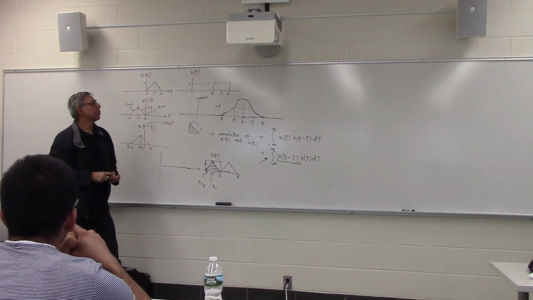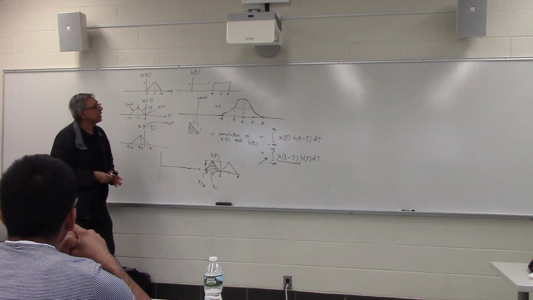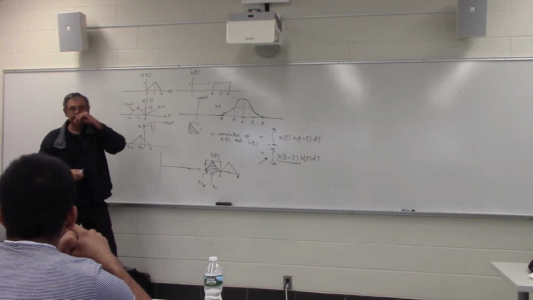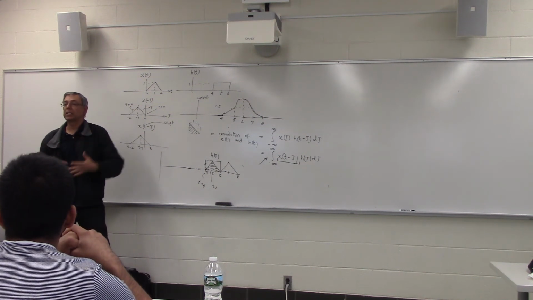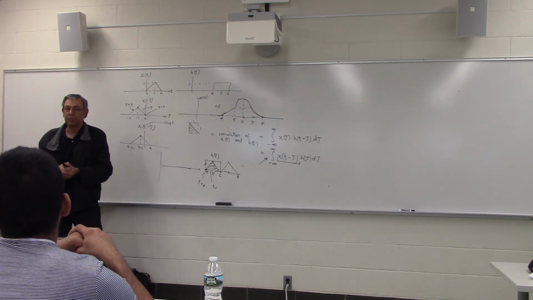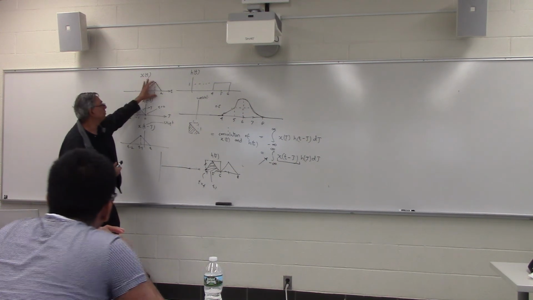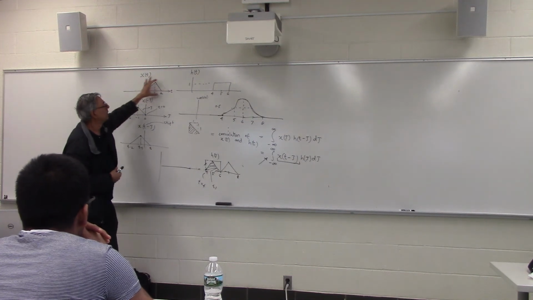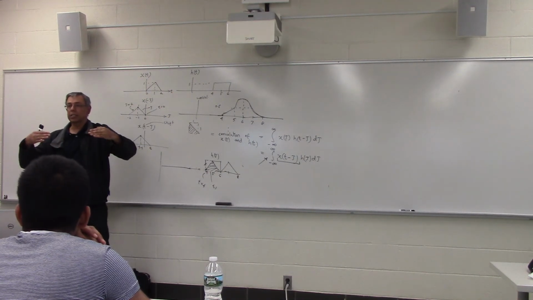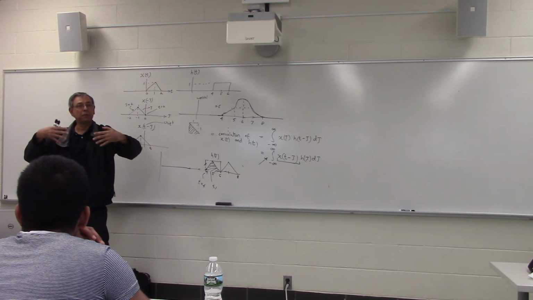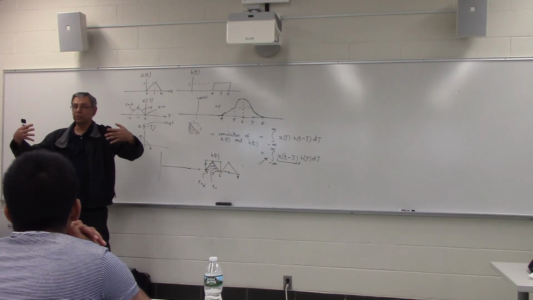Okay, so what is it telling us? Now let's try to develop an intuitive meaning of convolution. Convolution between two things basically tells us when an overlap occurs between the two things.